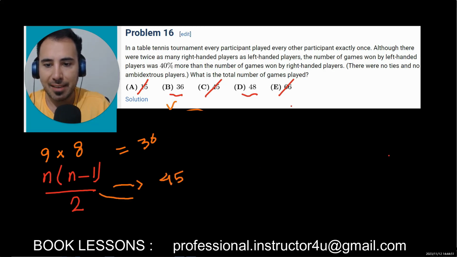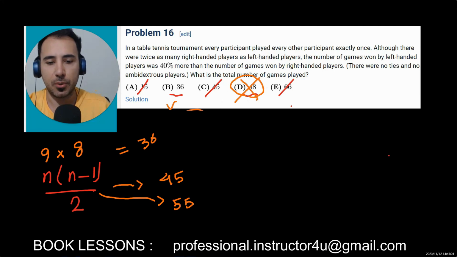If you have 11 players, there will be 55. So there is no way there could be 48 games played, right? That would make 48 out. So the only option left would be option B over here.